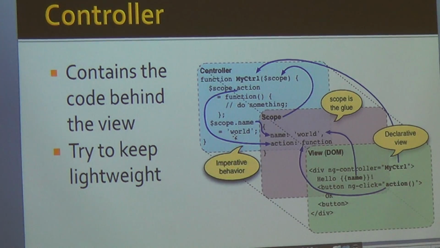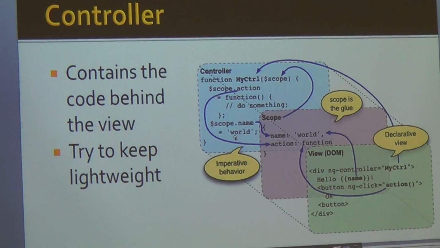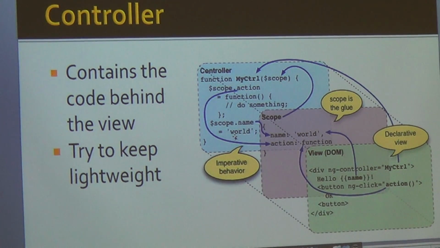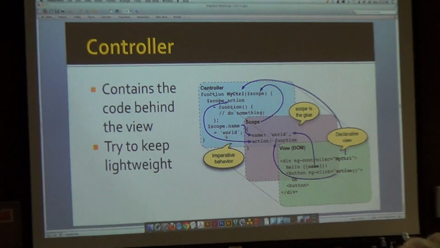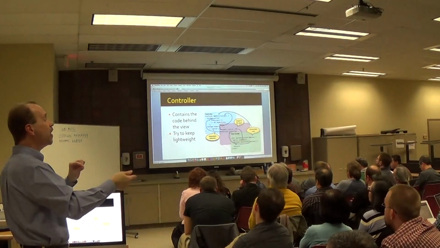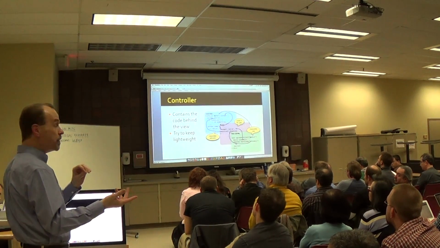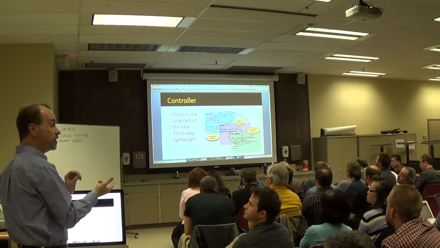So in JavaScript, when you try to access a variable or a function, it'll go up the prototype chain trying to find the name, and the first one it finds is what it'll use. One thing to be aware of, and I don't have a slide for this: from a view, if you update a value and it doesn't exist, it creates it in the scope.